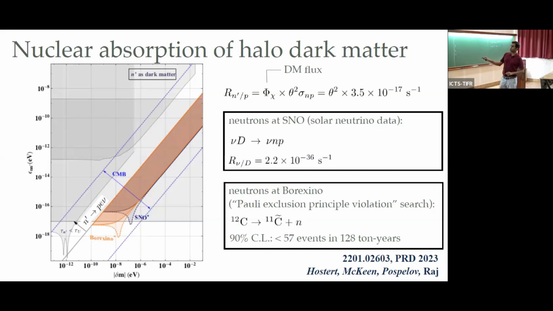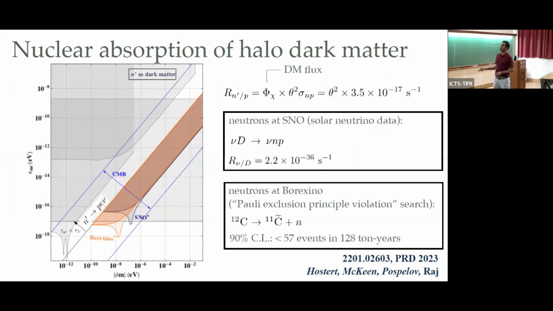One of the things they looked for is neutrons hitting deuterons through a quasi-elastic process and converting to neutrinos and protons. And the neutron that you produce in the final state gets absorbed in the heavy water, and that's how you measure the flux of the solar neutrinos.